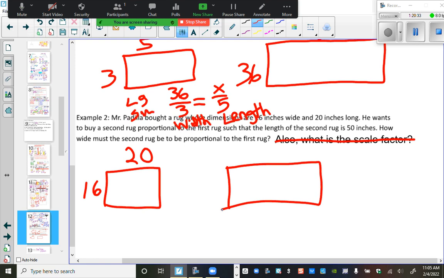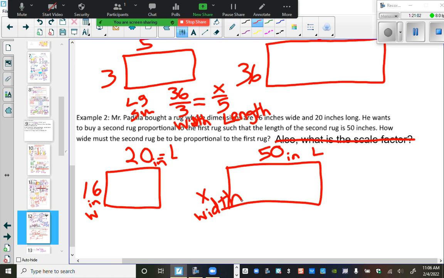Up, down. The length, up. Across. It's going to be across because here's your, I should have put 20 inches, 16 inches. That's the length, that's the width. And then we have 50. The length, 16, X, the width.